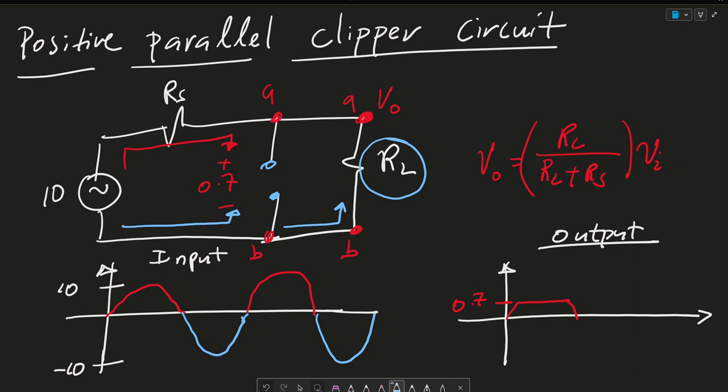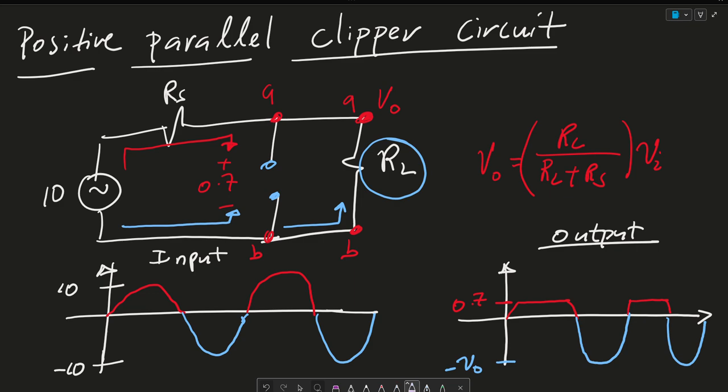So it's going to come in this direction through this RL, and this just becomes a simple voltage divider circuit where this is negative VO. So it comes down to negative VO. Again, it gets shunted here at 0.7, and then it comes down here. I hope this concept of a positive parallel clipper circuit makes sense.